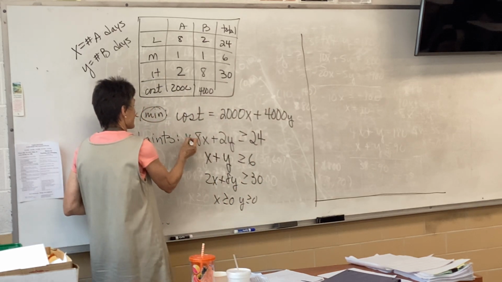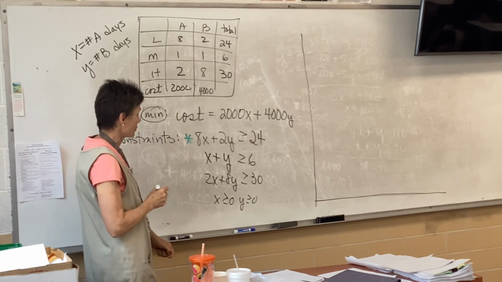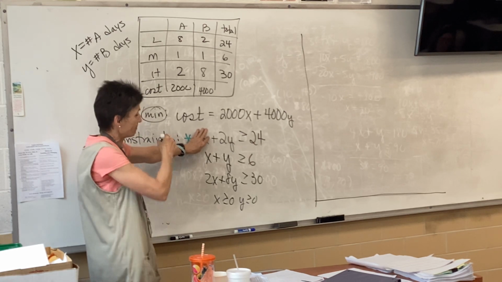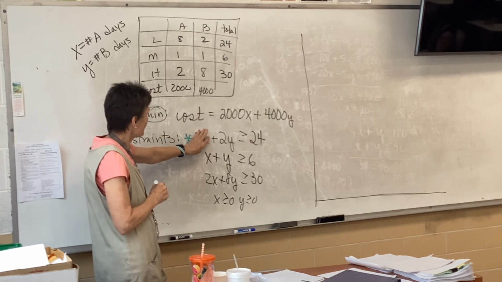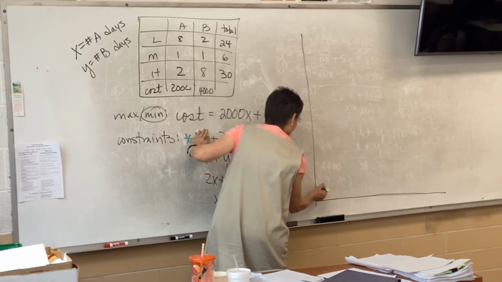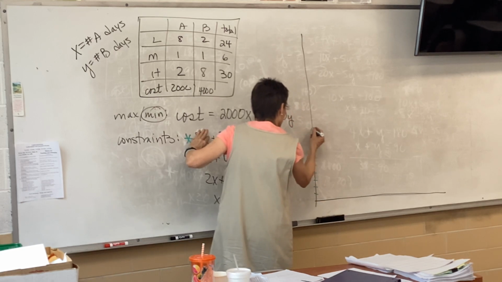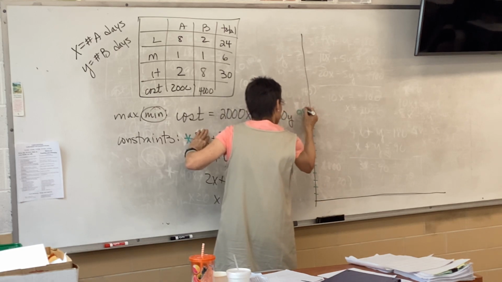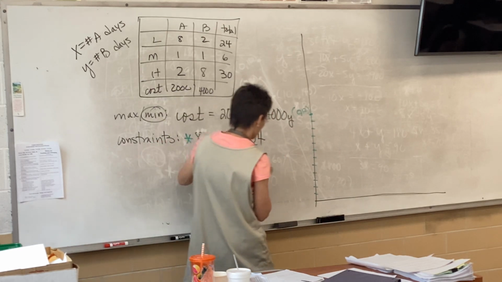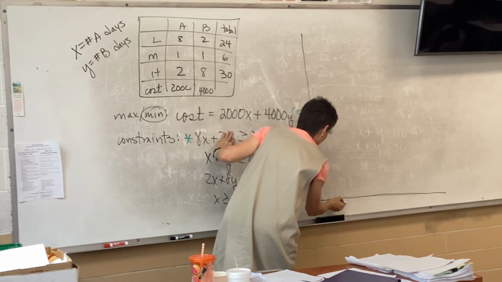All right, I think I can use a scale of 1 this time. The numbers look reasonable. So my green equation is the first one. If X is 0, Y is gonna be 12. And if Y is 0, X is gonna be 3.